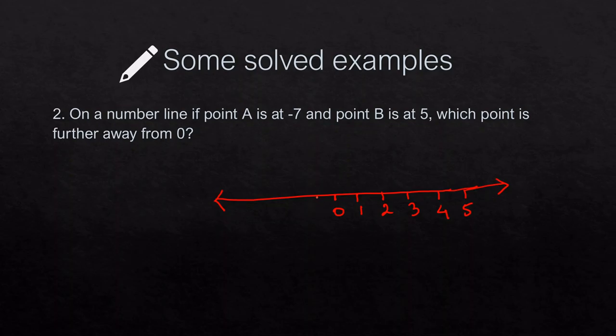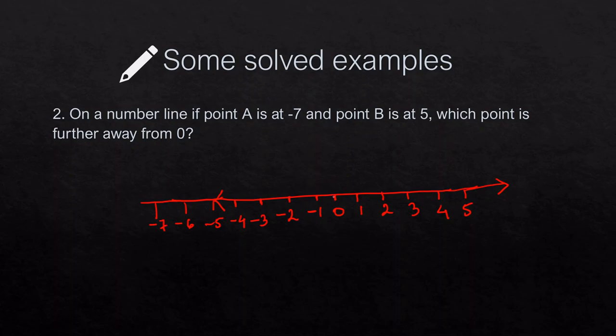So here we will take -1, here then we will take -2, then we will take -3. In this way, if we continue, we can take -4, -5, -6, -7.